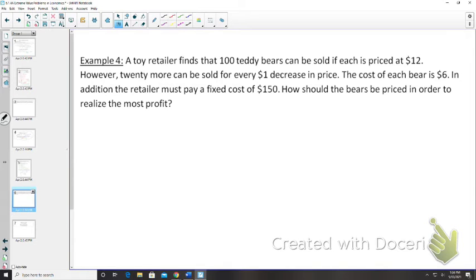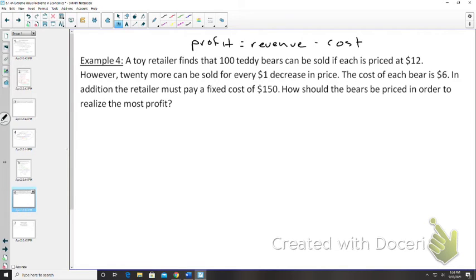So we want to maximize our profit here. Remember, profit is equal to the revenue minus the cost. A toy retailer finds that 100 teddy bears can be sold if each is priced at $12.